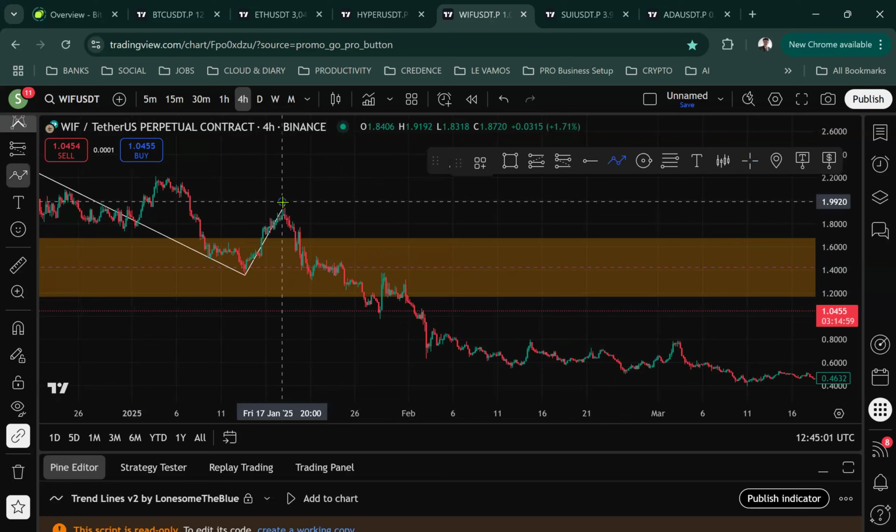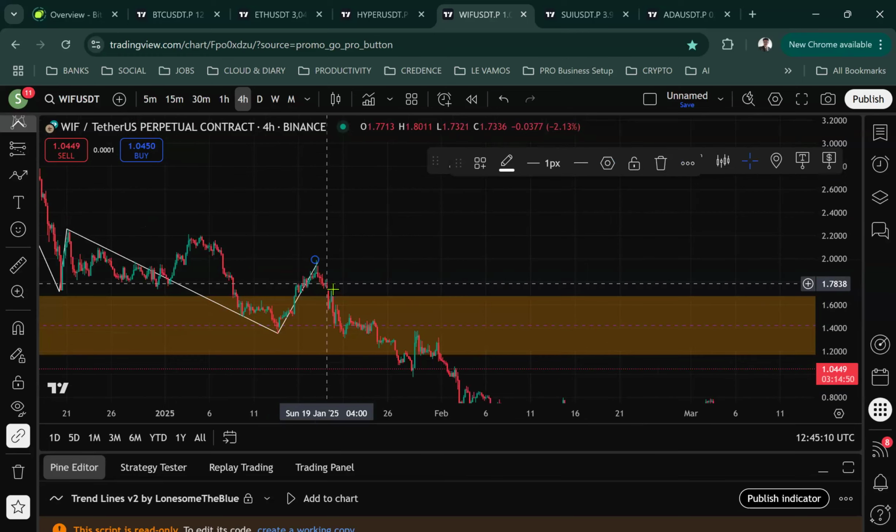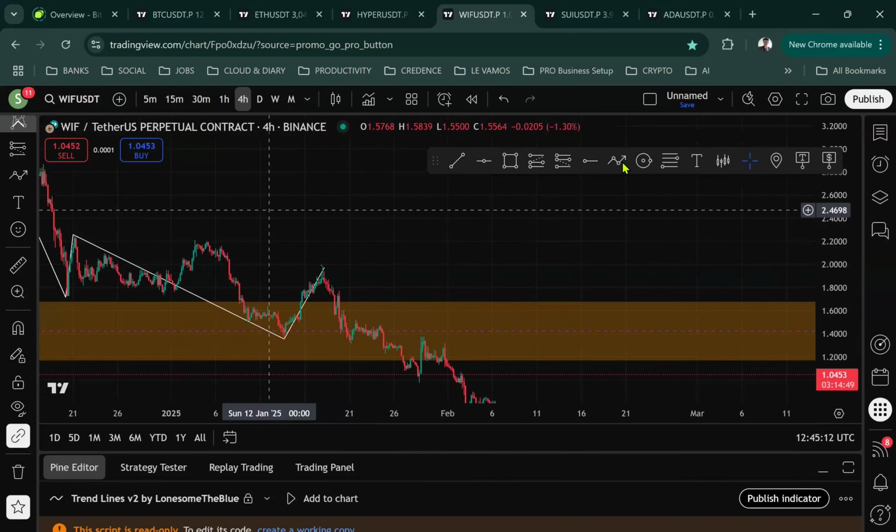We always consider the last lower low and the last lower high. That is correct, no? We will always consider only the last one. Yeah, the last one.